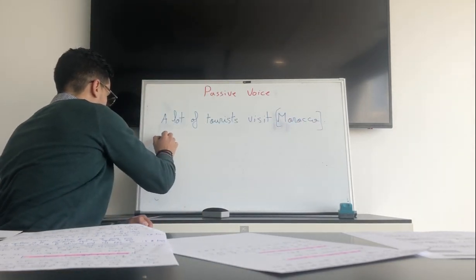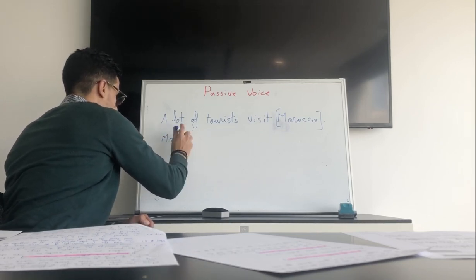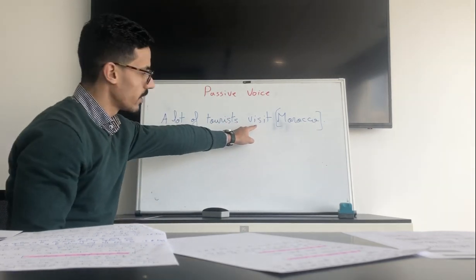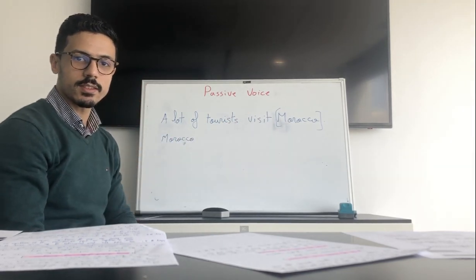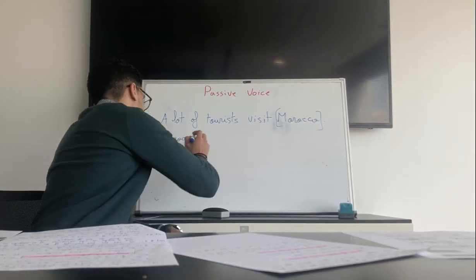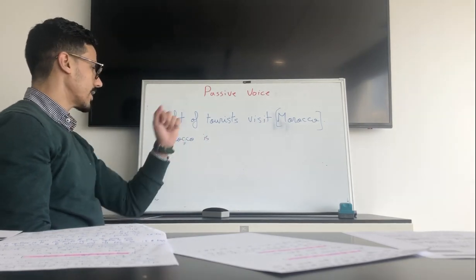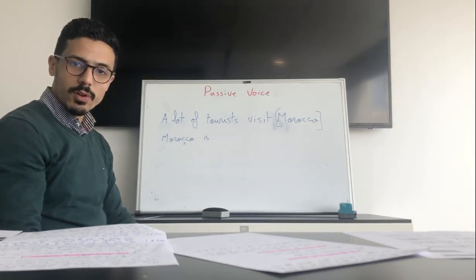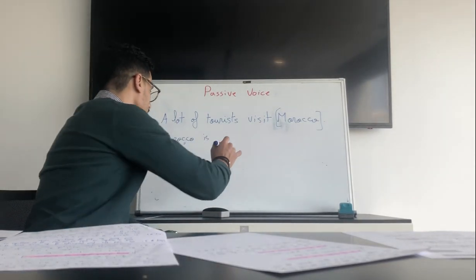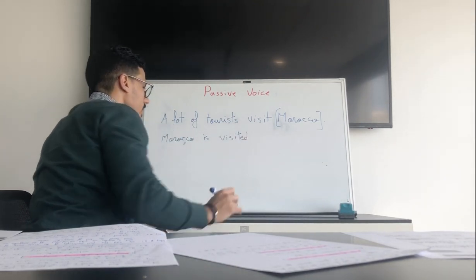So Morocco becomes the head of the sentence. Then we look at the verb visit and its tense, and we try to put verb to be in the same tense. Here visit is in the simple present, so to be will also be in the simple present. To be: I am, you are, he is, she is, it is. Morocco is. And step number 3 is that we take the past participle of the verb. Here visit, past participle visited.